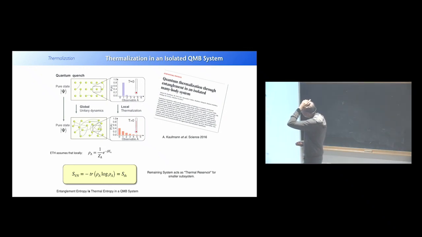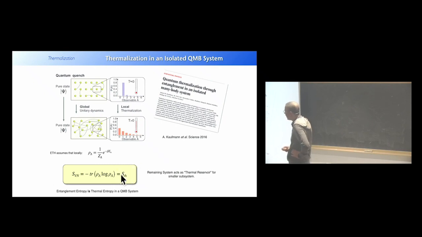And I want to show you a nice experiment from Markus' group showing that. It comes back to the original point I made, that for typical physical systems without MBL, the reduced density matrix of the pure system is a thermal density matrix. And the von Neumann entropy of the reduced density matrix is then basically the thermal entropy of the system.